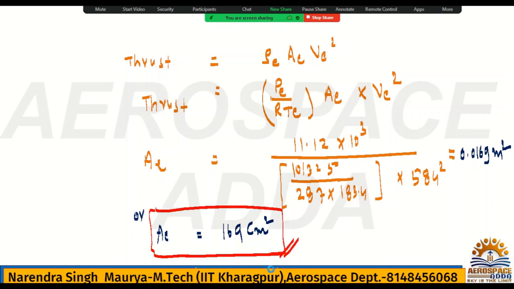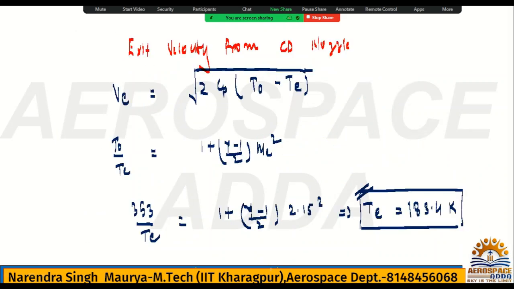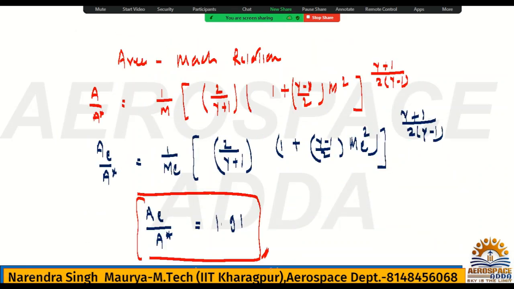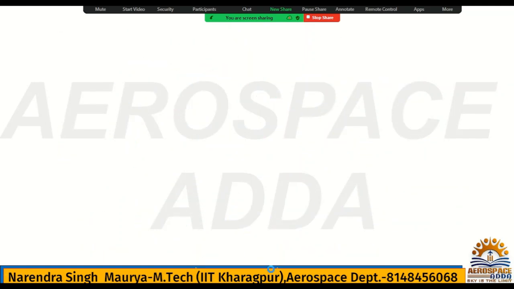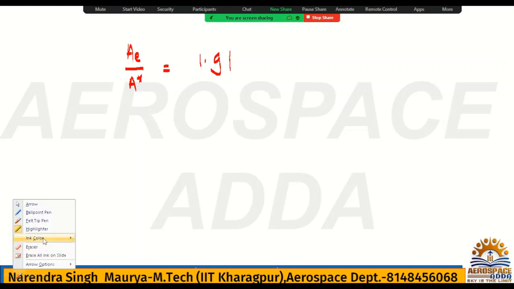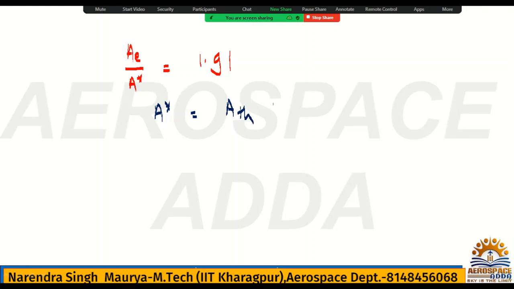Once you got the exit area, then the throat area you can calculate. How? They have given AE by A star as 1.91. Exit area you got; what is A star? It is the throat area, and the throat area is A exit by 1.91. What is the exit area you got? 169 centimeter square.